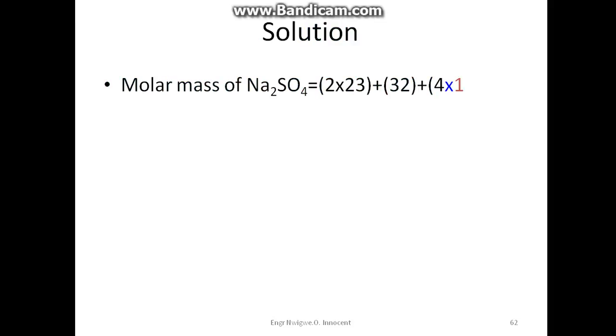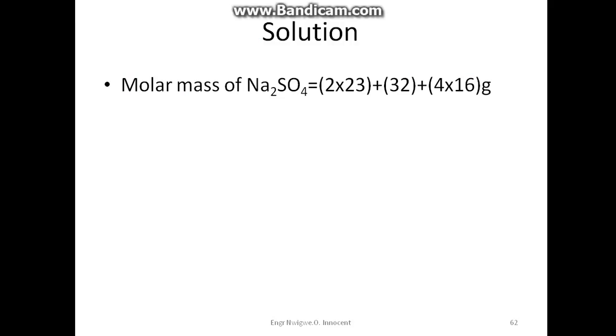So, calculating each individual atom that makes up this compound, we have the molecular mass of sodium tetraoxosulfate, which has 2 atoms of sodium times its atomic mass, which is 23, plus 32 for sulfur, plus 16 times 4 atoms of oxygen.